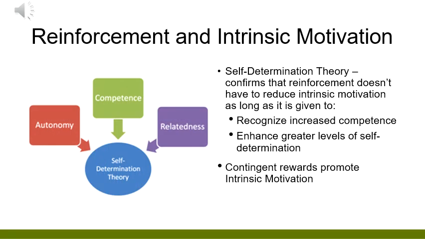That leads us to reinforcement and intrinsic motivation. The self-determination theory confirms that reinforcement doesn't have to reduce intrinsic motivation as long as it is given to recognize increased competence and enhance greater levels of self-determination. See, contingent rewards, rewards that, oh, if we score 30 points this game, there's rewards of more playing time in future games.